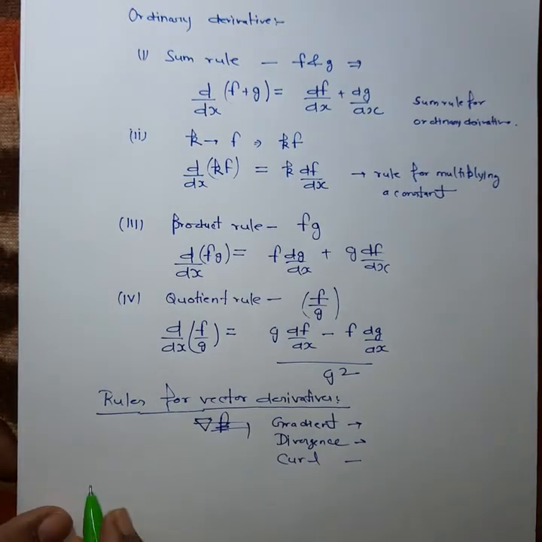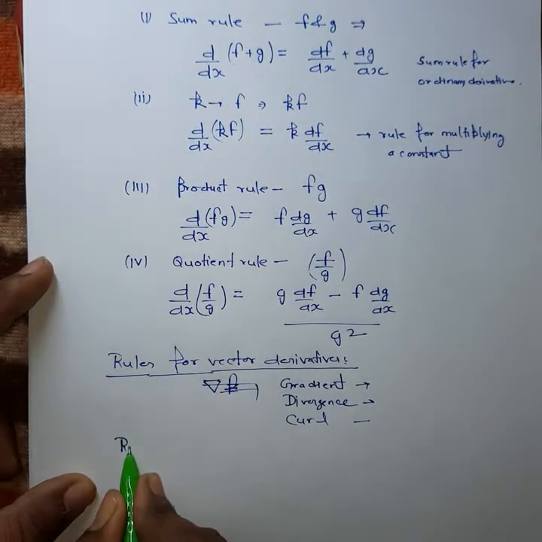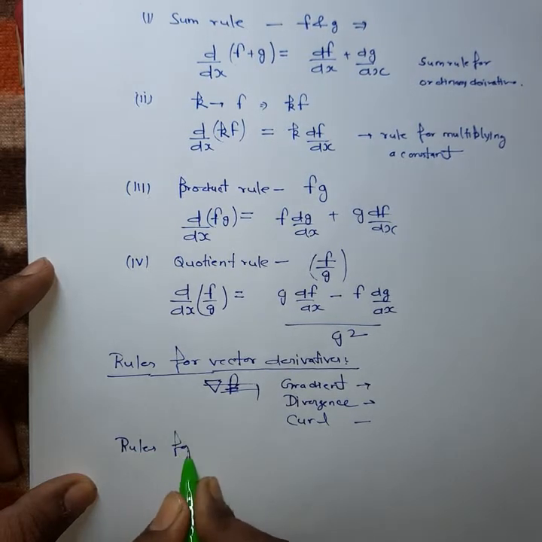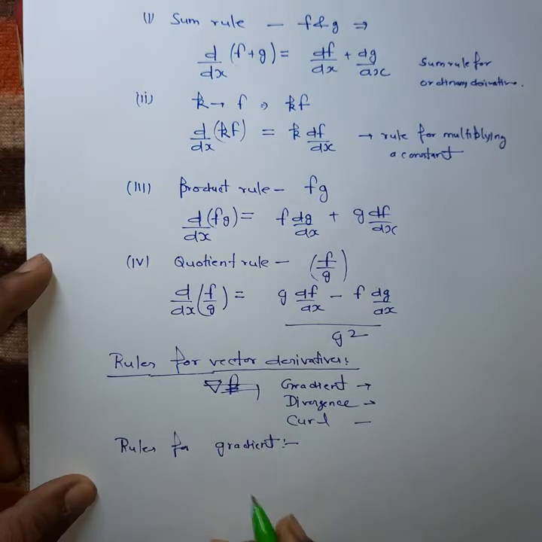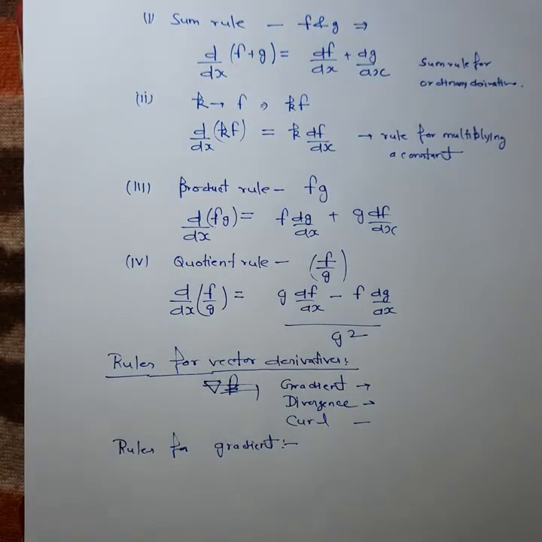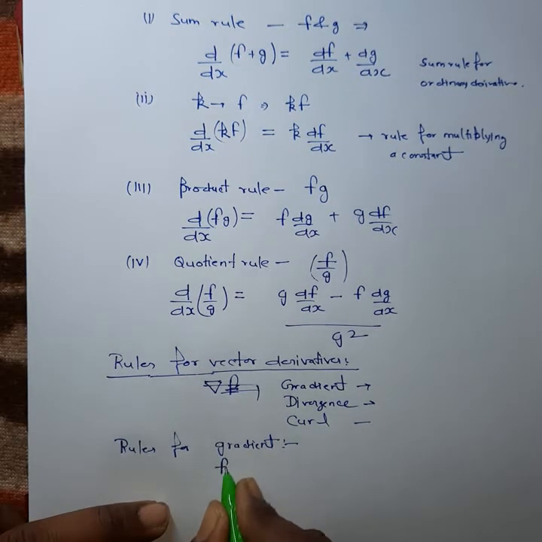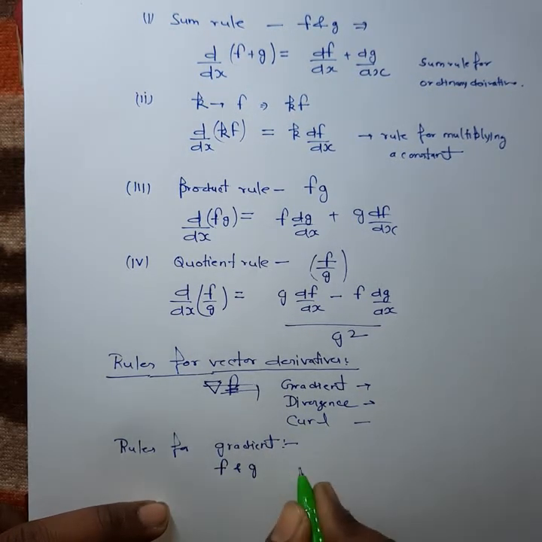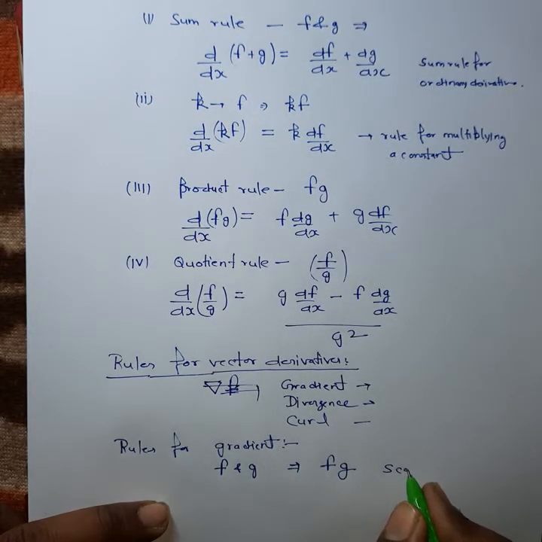Let's first talk about the rules for gradient. You can take the gradient of a scalar function, so you first make the scalars. How will you make the scalars? Suppose f and g are two scalar functions, then their product fg will be a scalar function.